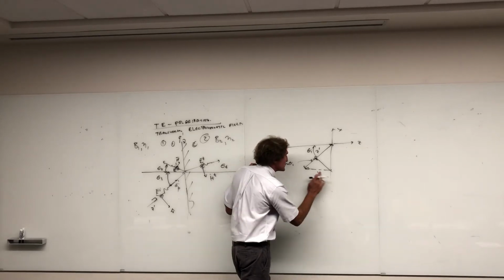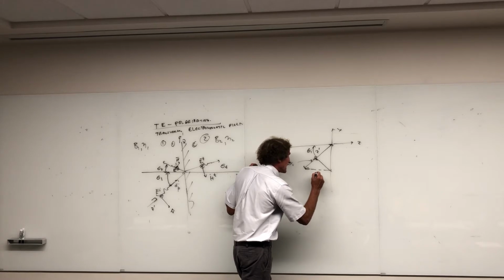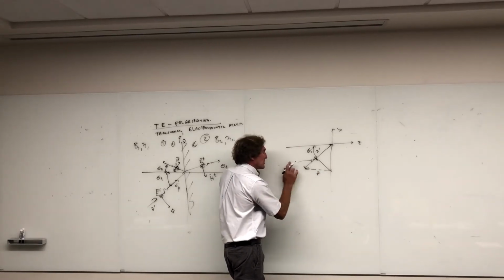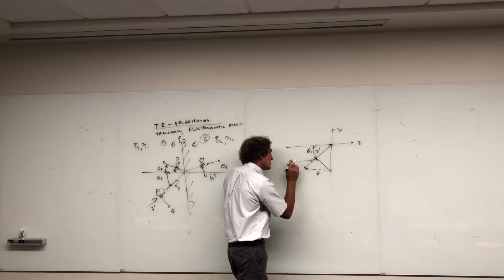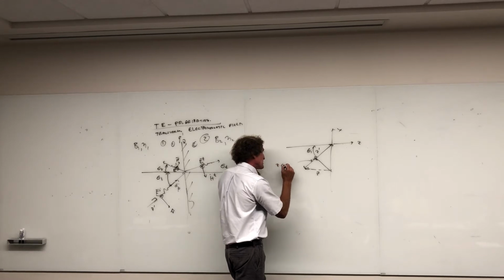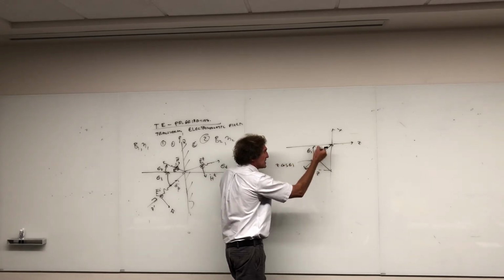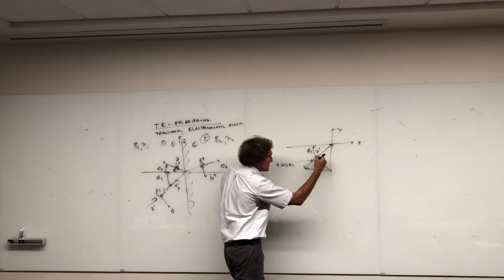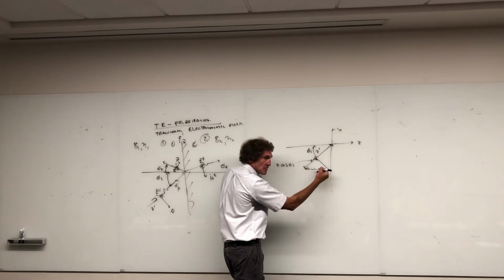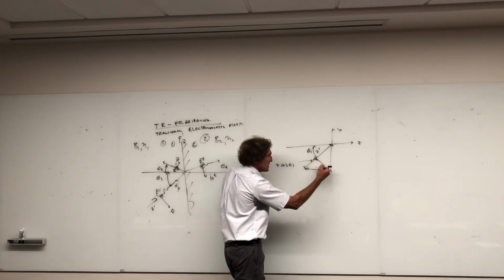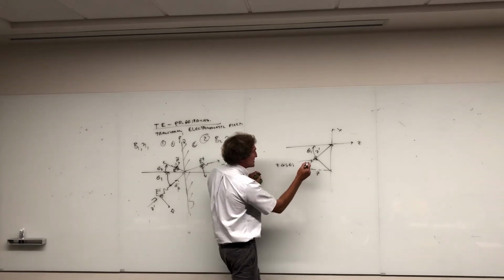I'm sorry, this is Z, my bad. That's Z. And this distance right here would be Z times cosine of theta incident. Because if this is theta, this angle will be theta as well, theta incident, and then the projection on the near side to the angle right here would be the cosine, that's Z cosine.